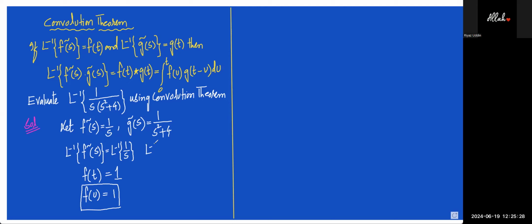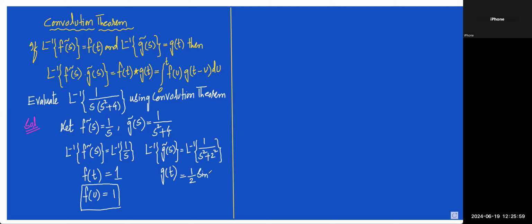Taking Laplace inverse here also. Laplace inverse of g bar of s is Laplace inverse of 1 by s square plus 2 square, and this value we know is g of t according to the given statement, which is 1 by 2 sin 2t.